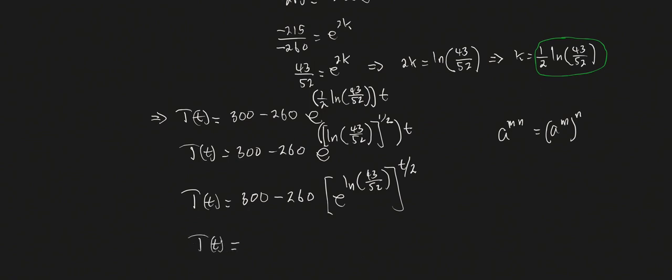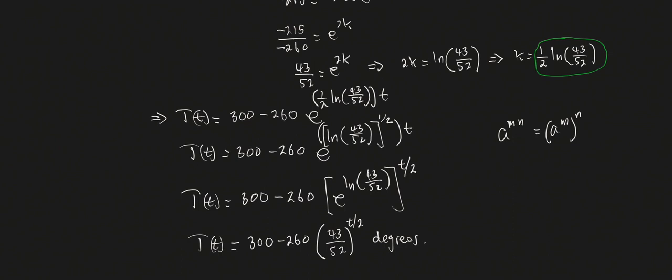So our temperature at time t of this object is 300 minus 260 times the quantity, and this is where the exponential and the logarithmic functions cancel out because they're inverses, and we have 43 over 52 to the power t over 2. The units here would be degrees, right?